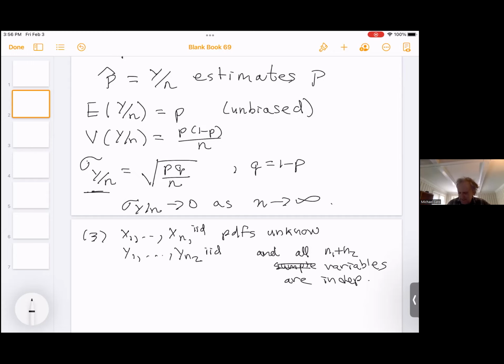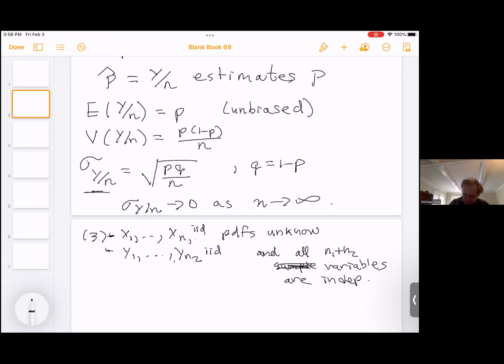The reason I don't want to say samples is because we may want to talk about these as the 2 samples and not each single result as a sample. So we'll just say all the variables are independent. So this sample is independent of that one, and they're independent inside.